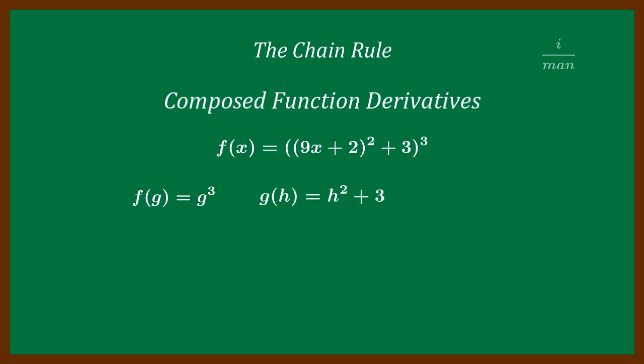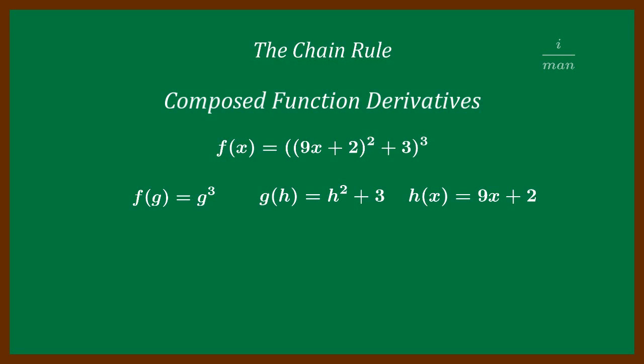Then g is a function of another function h, and g of h equals h squared plus 3. And h equals 9x plus 2. So f of g of h of x is the expression 9x plus 2 squared plus 3 all cubed.